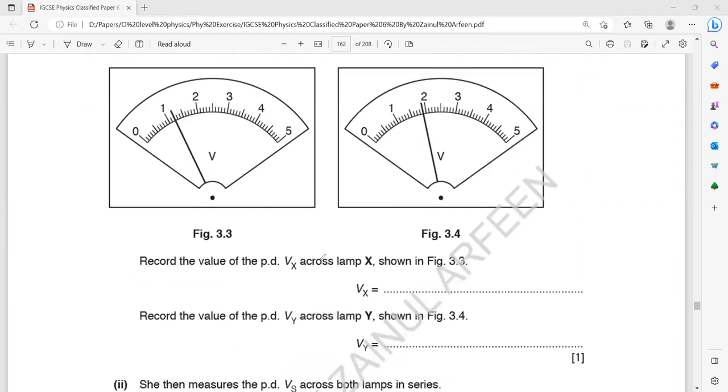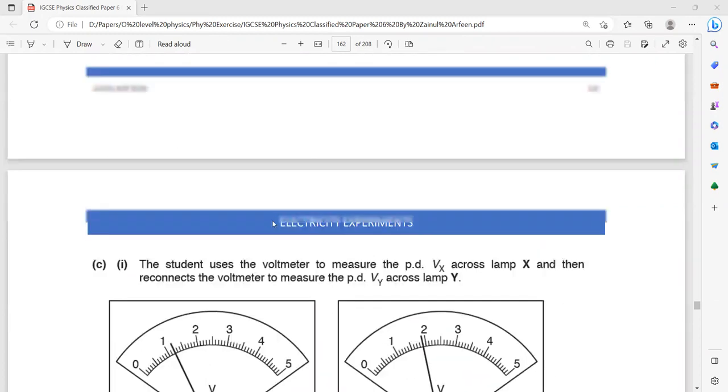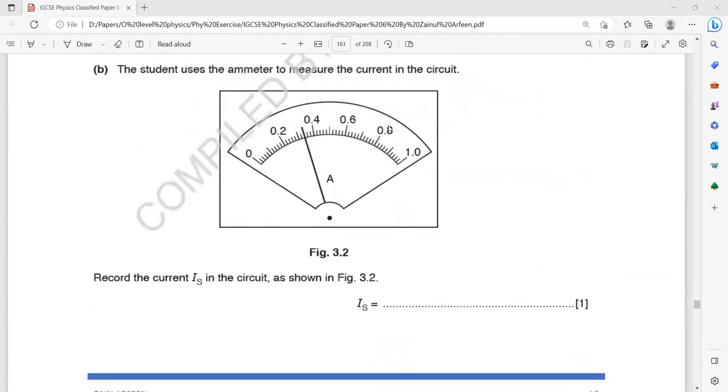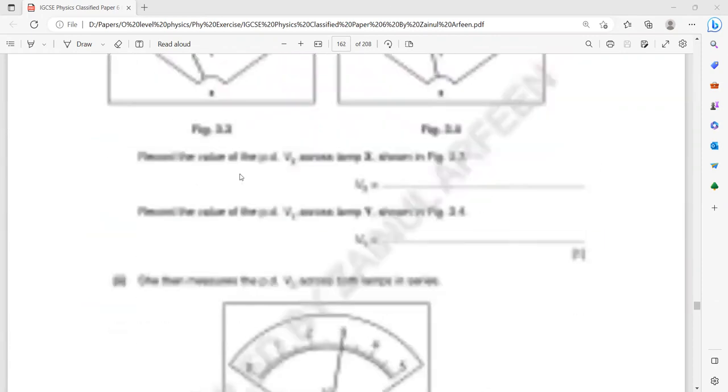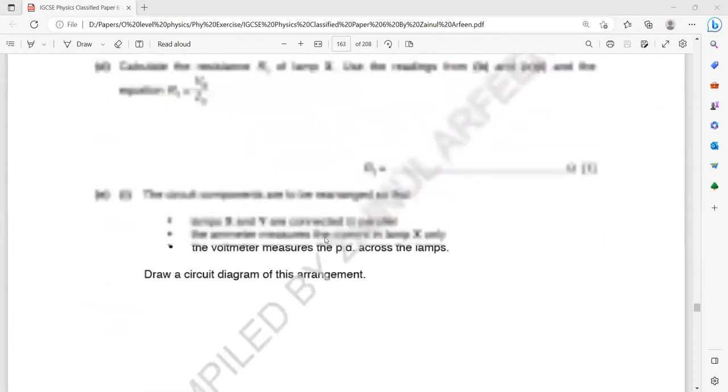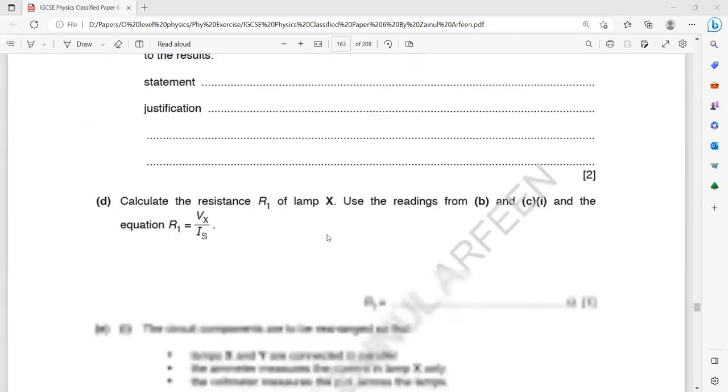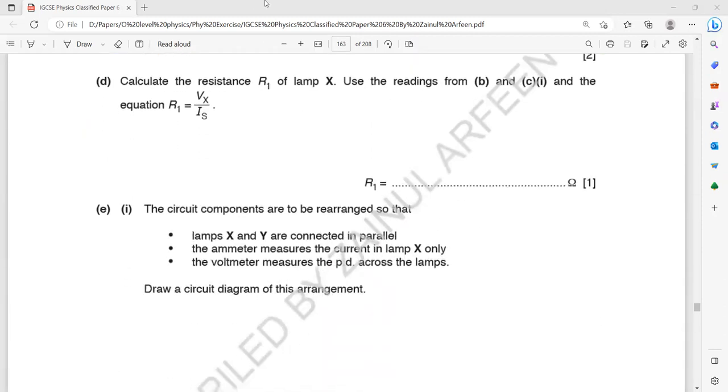Is is the current which we got in the beginning of the question. That was 0.34 amperes. So we just have to divide these two values. The voltage was 1.2 and the current was 0.34. What's the answer for this?